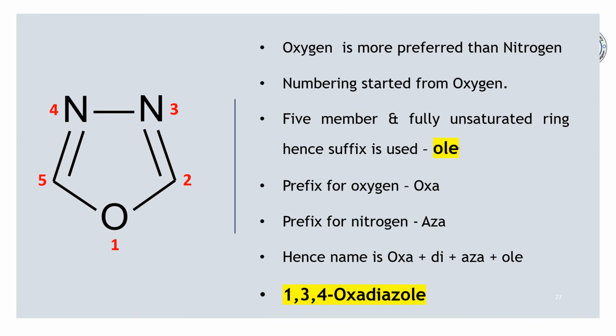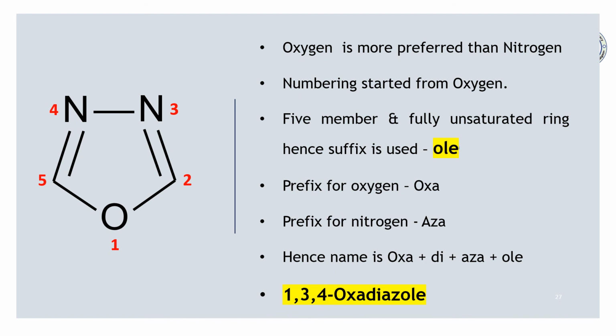Now the next structure is very important. If you look carefully, the presence of one oxygen and two nitrogens means what? The ring structure is five-membered and unsaturated, but the heteroatoms present are 3: 2 nitrogens and 1 oxygen. At that time, how do we write the name of this structure? First, O indicates oxygen. First, we write the numbers of all heteroatom positions like 1, 3 and 4.